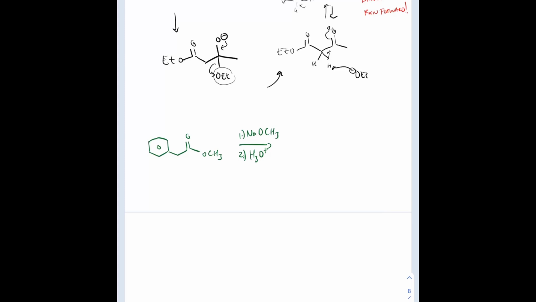Let's try another one. So this particular ester in the presence of methoxide. Noticed on the reaction above it was ethoxide with that ester with the OEt, because ethoxide was actually the leaving group there. Now in this case we have methoxide, because methoxide is going to be our leaving group here.